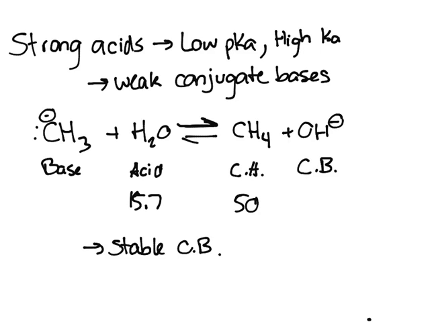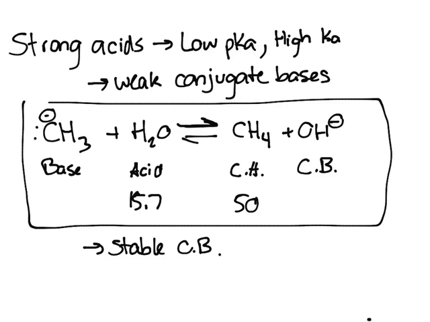And so, for example, if you look at this equilibrium, CH3 minus is very unstable compared to OH minus. And so that's why the equilibrium will favor more to the right as well. Because OH minus is more stable, it will more likely be made.